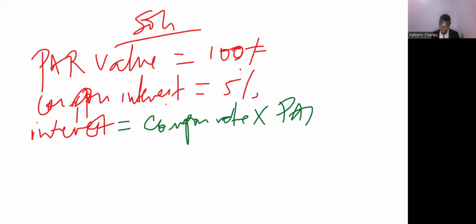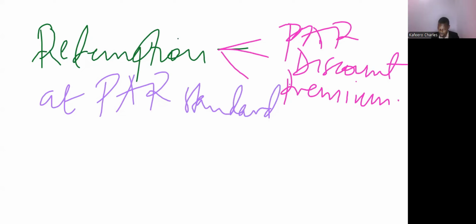If the examiner remains silent, then it is a standard. The standard way is we redeem at par. If the examiner wants you to redeem at discount or at premium, he must give you the redemption value, or he must give you the discount rate that you are going to use. I hope we are at par here.